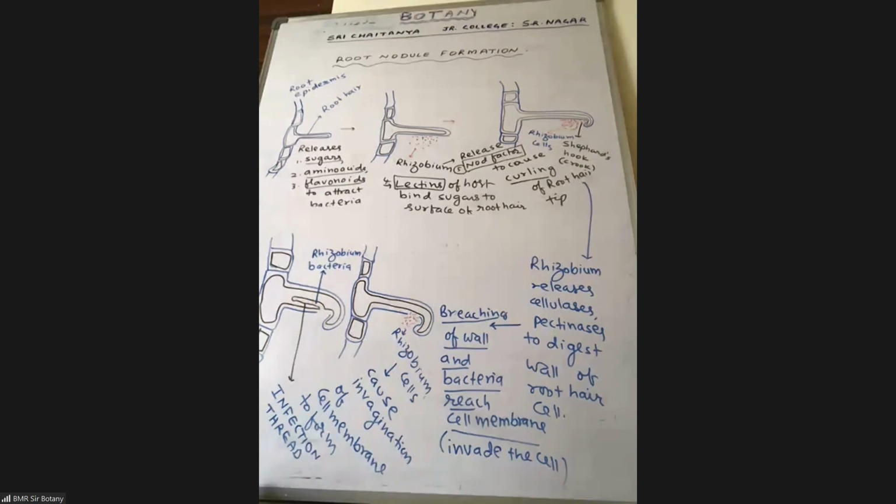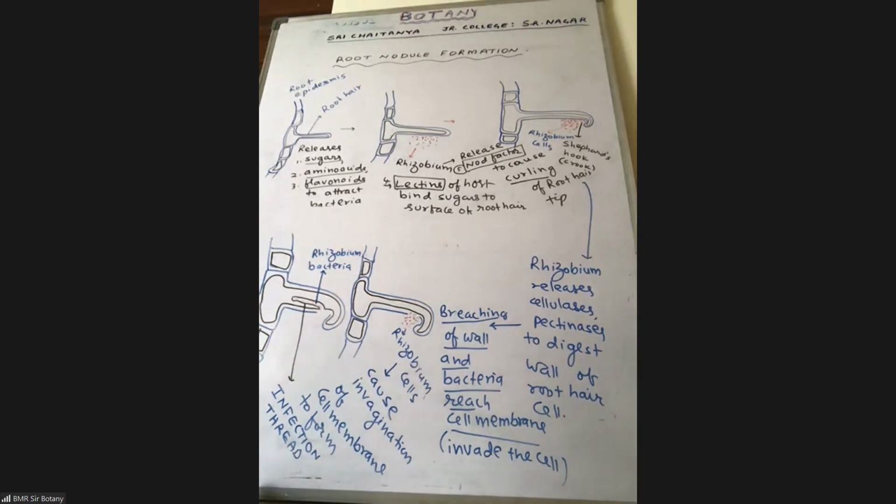It first released sugars, amino acids, flavonoids. Among them, sugars are made to stick to the surface by lectins. Attracted by them, Rhizobium bacteria reached, and they caused first by nod factor curling, then by enzymes digestion of the wall, breaching of the wall, then induced invagination.